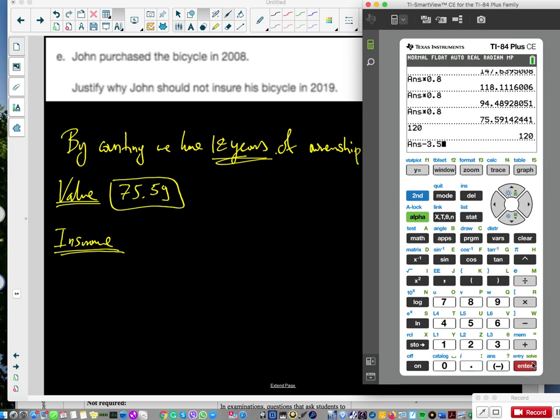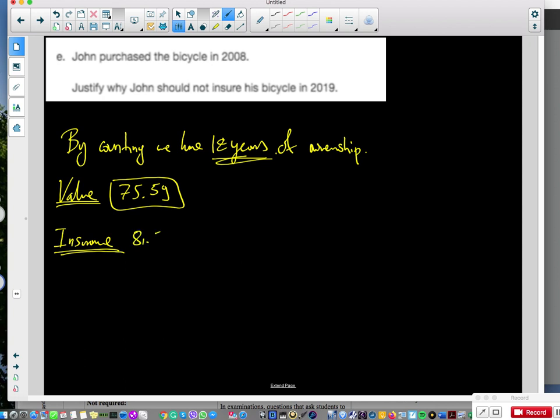So that's the second year, third year, fourth year, fifth year, sixth, seventh, eighth, 9, 10, 11, 12: 81.50. So it's 81.50. If you provide the list, the insurance is more than the value, so it isn't worth it.